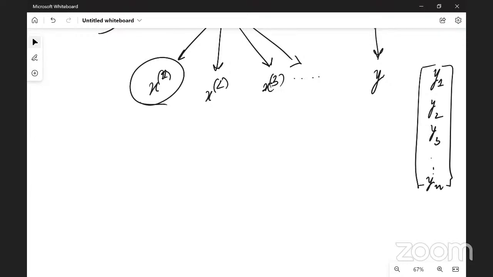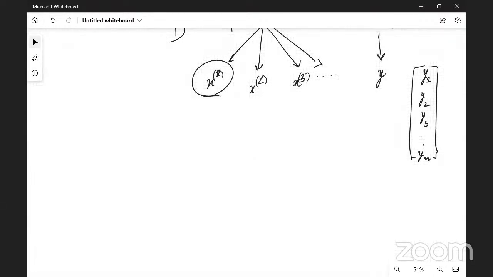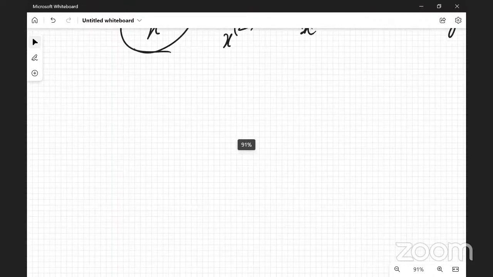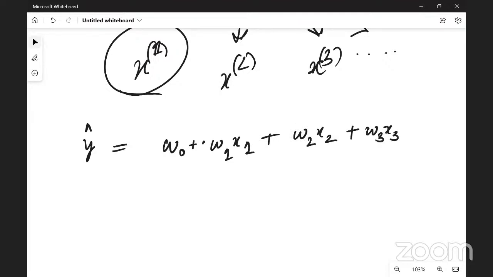If you write the model, I will be able to convey my point clearly. Sure, let's write our model. The model is represented by a weight vector. So y prediction is equal to w0 plus w1 x1 plus w2 x2 plus w3 x3.